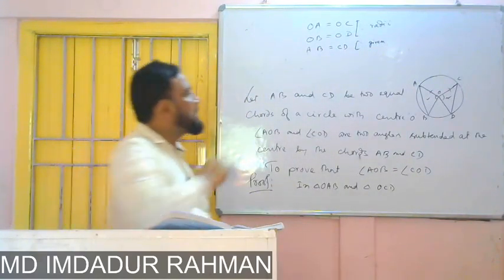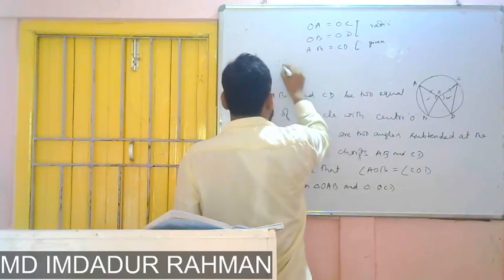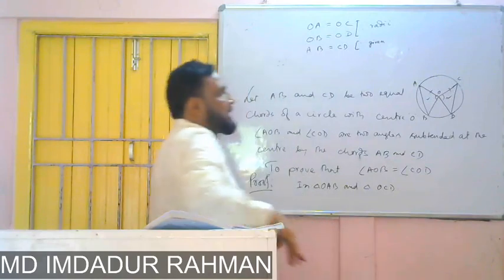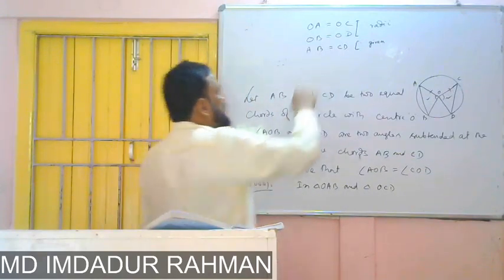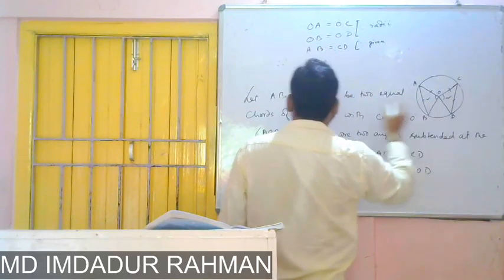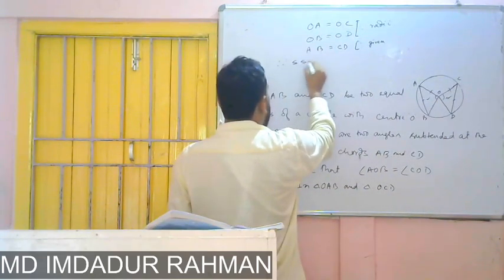So we are comparing these two triangles. Between these two triangles, we got side is equal to side, side is equal to side, and this side is equal to this side. That is the postulate of side, side, side.